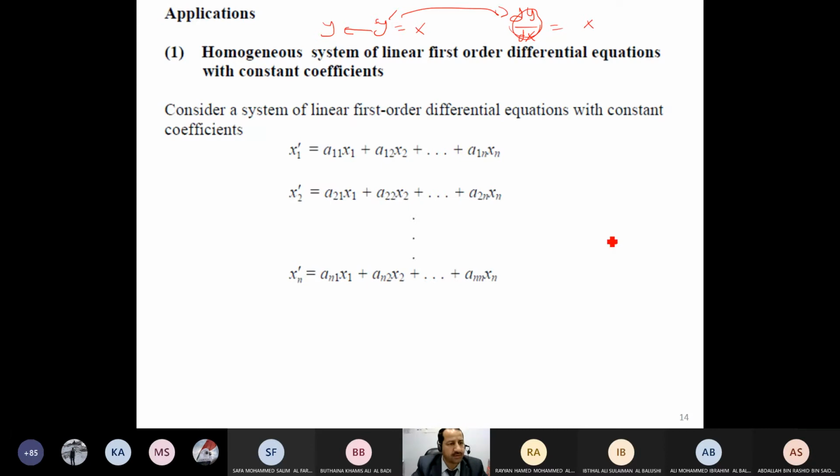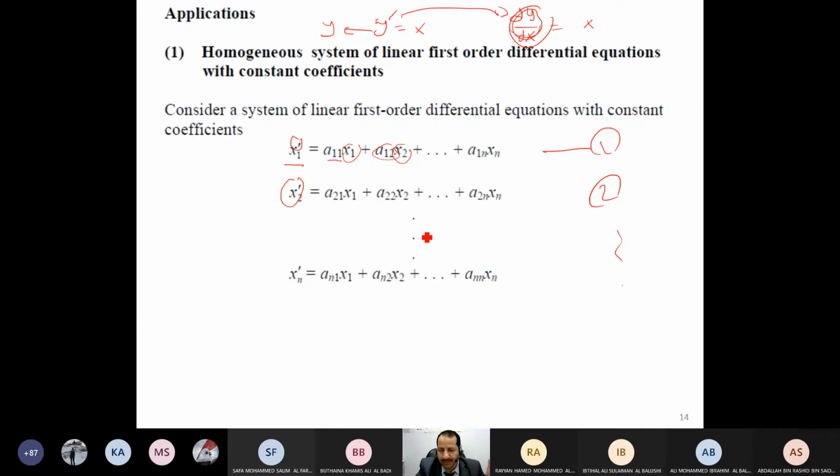So, now if you look at this set of equations, equation 1, 2, and so on, you can see here the variable is x1 dash. By the way, it's not necessary to be dy. It could be any name, okay? So x1 dash equal a11 x1, a12 x2, and so on. x2 dash, what does this tell me?